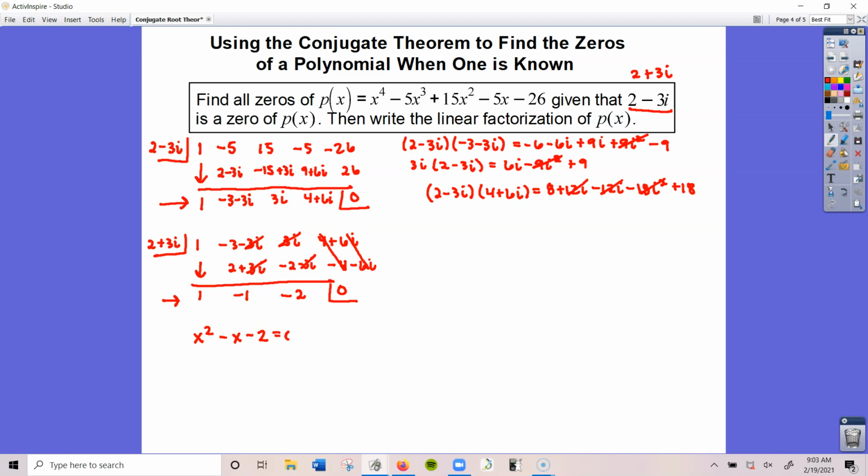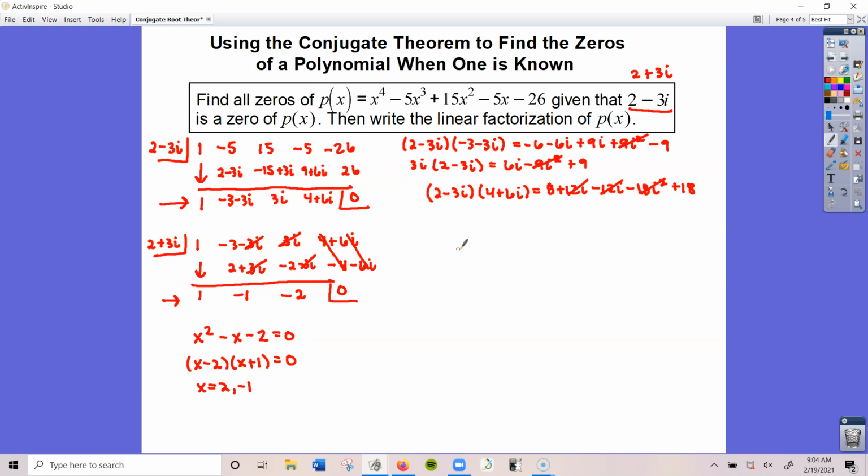So we make this equal to 0 and factor. The two numbers that multiply to give you negative 2 and add to give you negative 1 are negative 2 and positive 1. So our factors are x minus 2, x plus 1. We make it equal to 0, and we get that x is equal to 2 and negative 1.